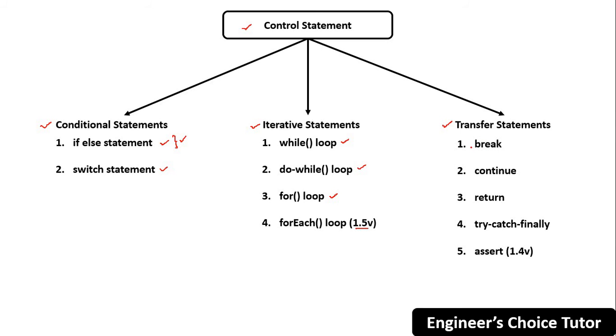And in the transfer statements, we have break, continue, return, try-catch-finally, and finally assert, which was introduced in the 1.4 version. So we will see each and everything one by one. You have to wait for the right time, right?